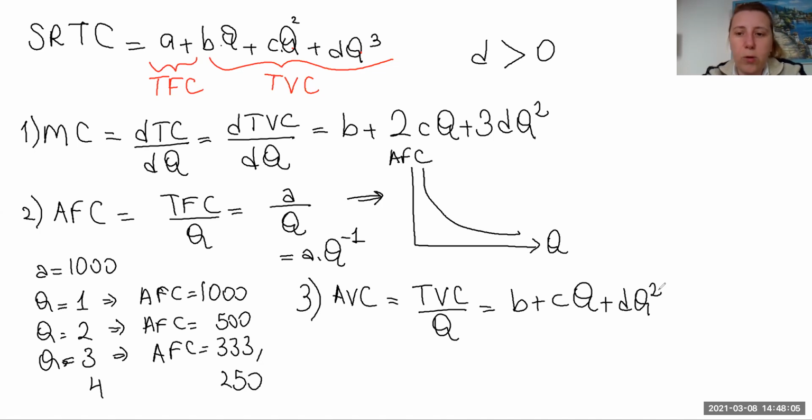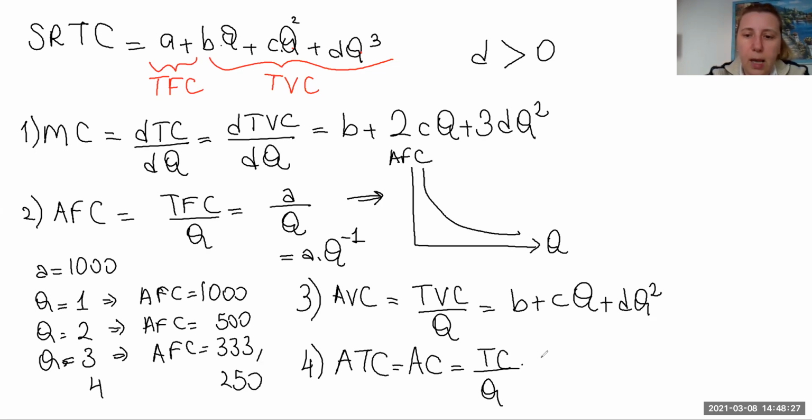Again, we have a squared function, and we have a U-shaped average variable cost because the expected value of D is positive. And finally, average total cost, or simply average cost, which is the total cost over Q.